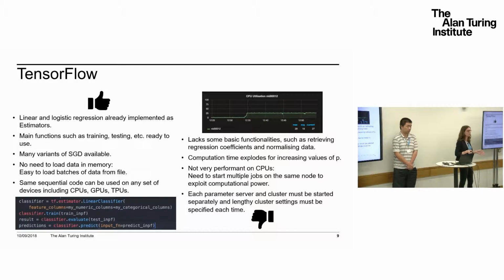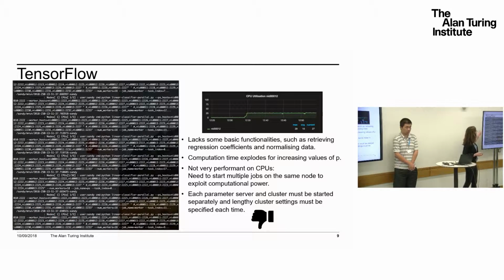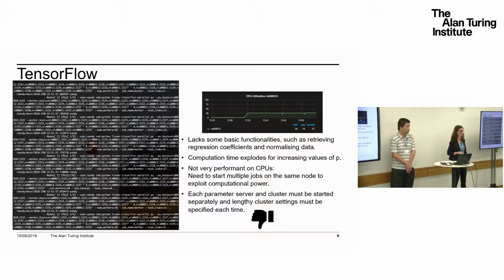So if you want to use all the resources on Eureka, you really have to start lots of workers. And the problem with that is that you have to specify each worker 1 by 1 and each port 1 by 1. Your MRun job will look something like this, only for 8 workers. So that is why we don't have results for very large regressions such as we have for Apache Spark.